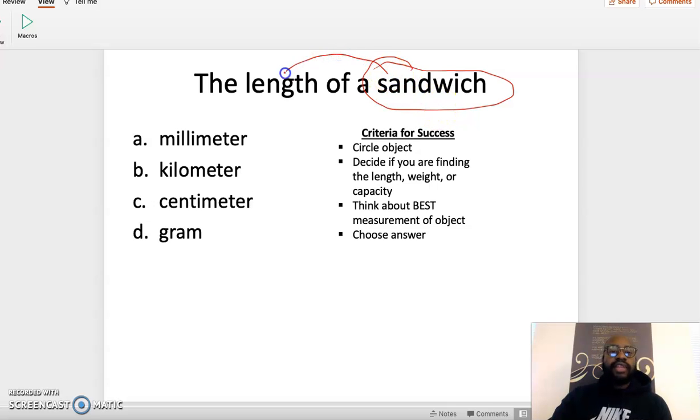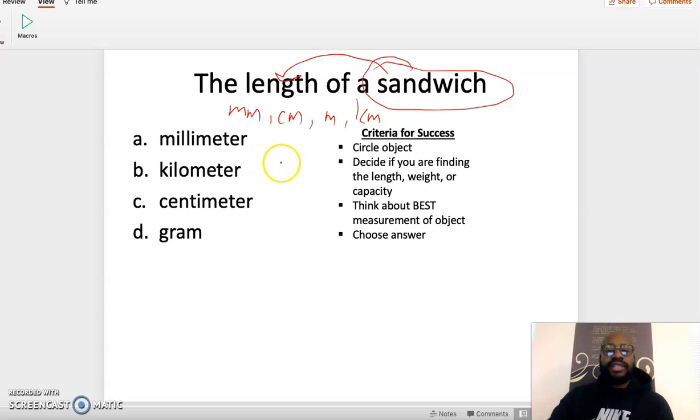They want me to find the length. Okay, so length means how long it is. Length can be a millimeter, a centimeter, a meter, or a kilometer. Millimeter meaning about the size of a sharpened pencil tip, centimeter being your fingernail, meter being a baseball bat, and kilometer being about 5 football fields.